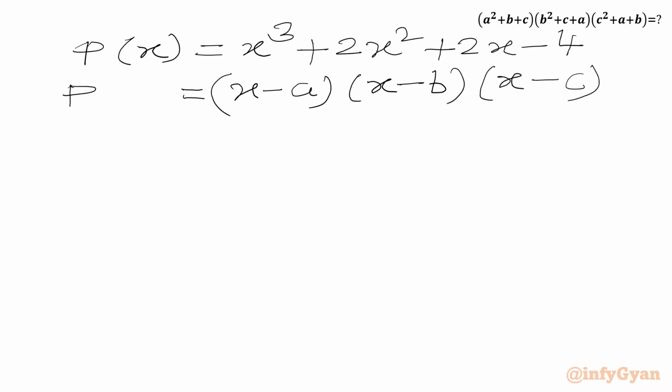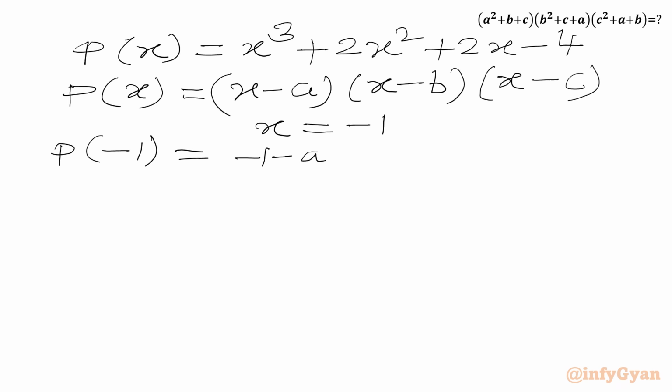Now this is equal to P of x. So our target is to find a plus 1, b plus 1, c plus 1. So I need to plug in x equal to minus 1 here. So we will get P of minus 1 on the LHS, and on the RHS, minus 1 minus a, minus 1 minus b, minus 1 minus c. Now we will take minus 1 common from each of the brackets.